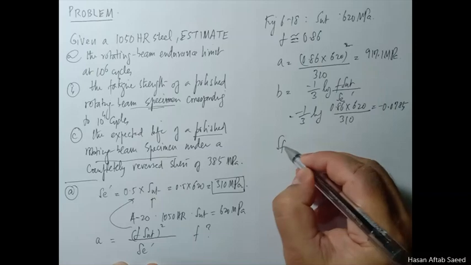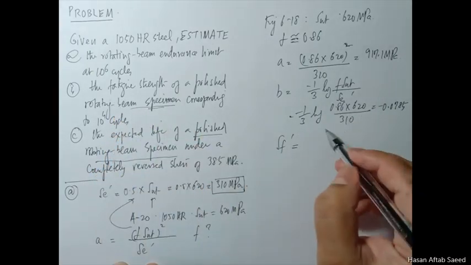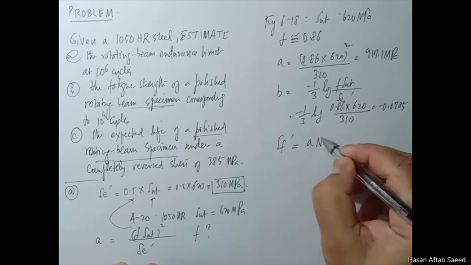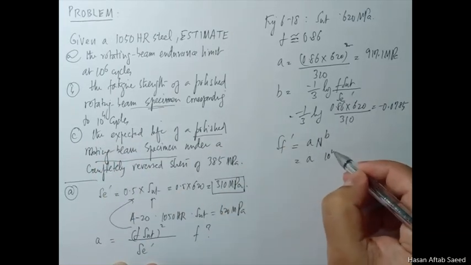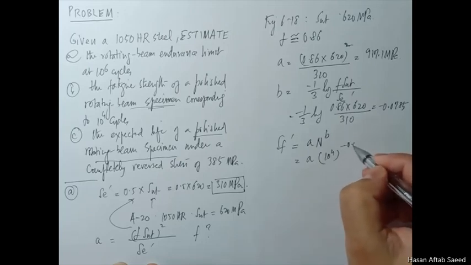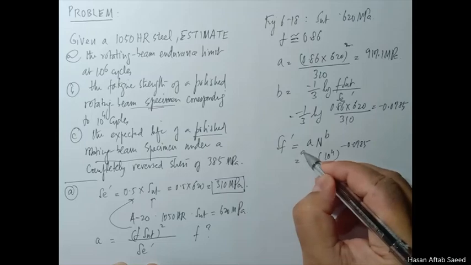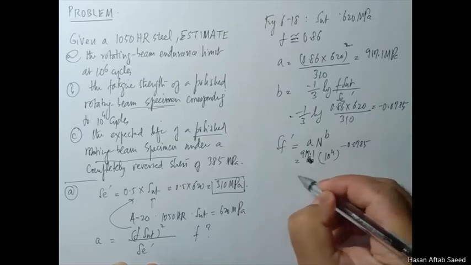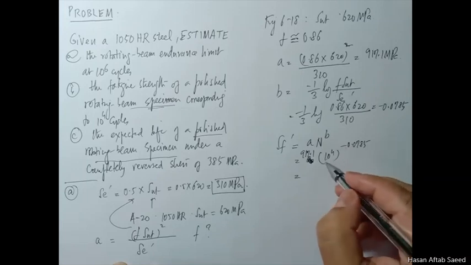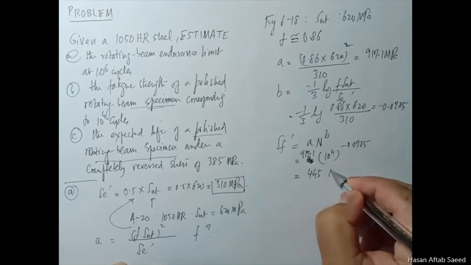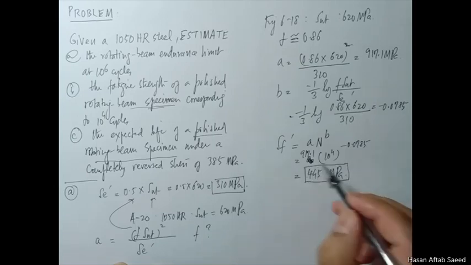Now the fatigue strength is simply A and B, and we are talking about 10 raised to the power 4 cycles, and B is minus 0.0785, and for A you will use 917.1, and this comes out to be 445 MPa.